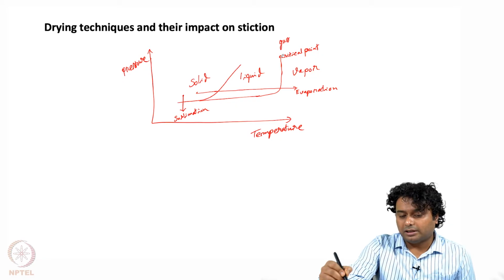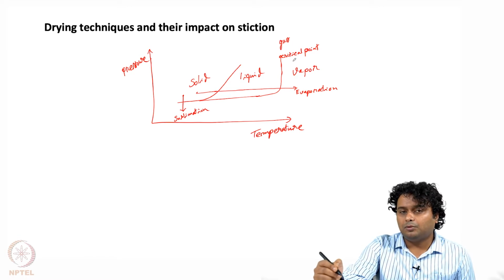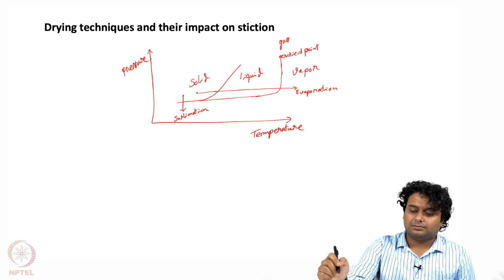Above this point, at a particular pressure and temperature called the critical point, the fluid will be called gas. And what is the difference between a gas and vapor? If we apply higher and higher pressure, then the vapor can be converted again into liquid, but a gas cannot be. So gas and vapor are two different kinds of phases.